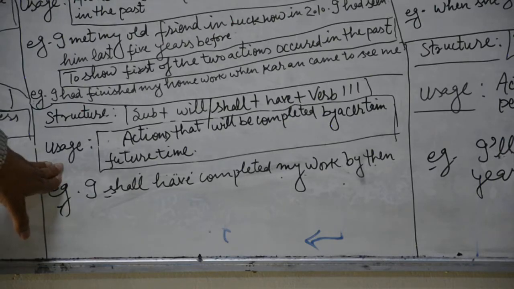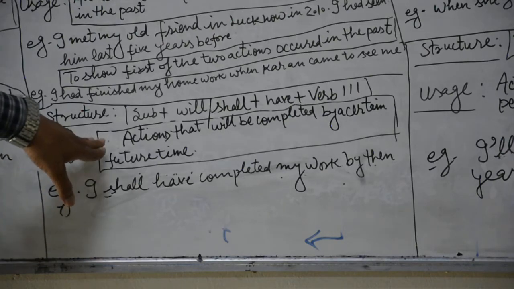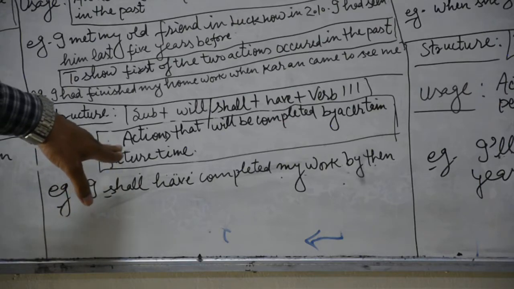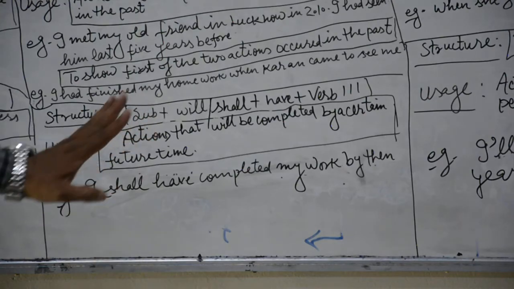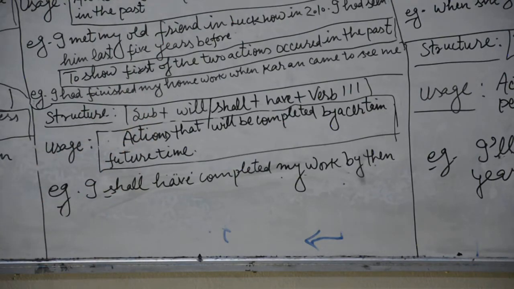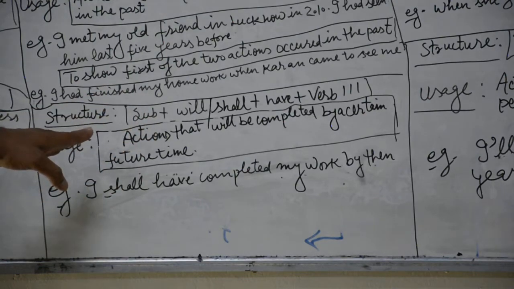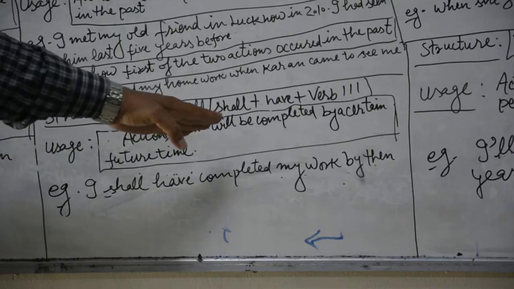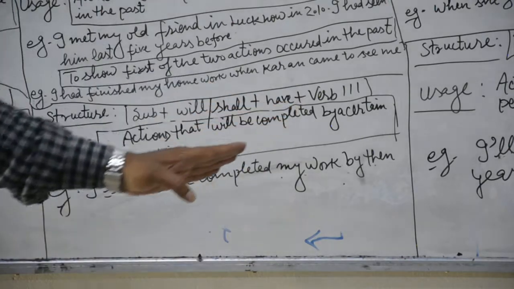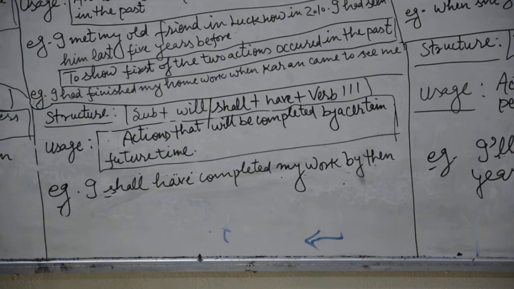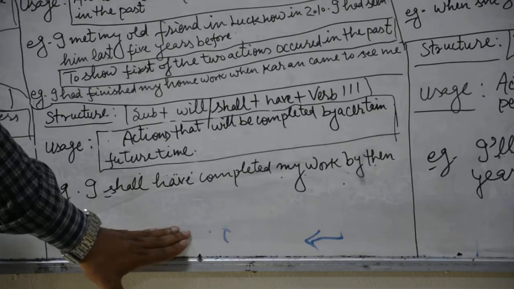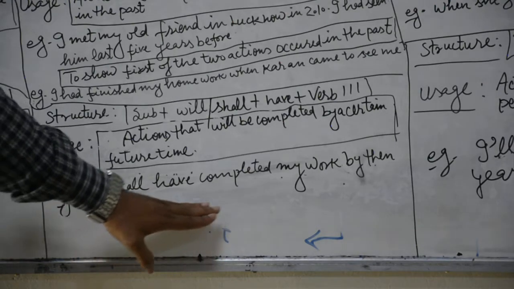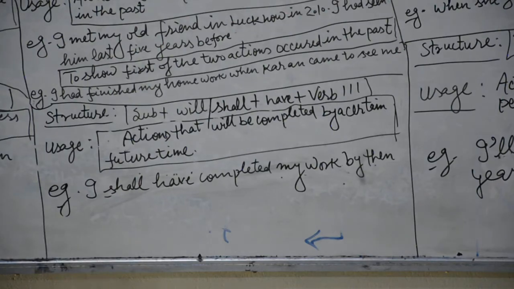Usage: where is this tense used? This tense is used to show actions that will be completed by a certain future time. Example, we can say, I shall have completed my work by then.